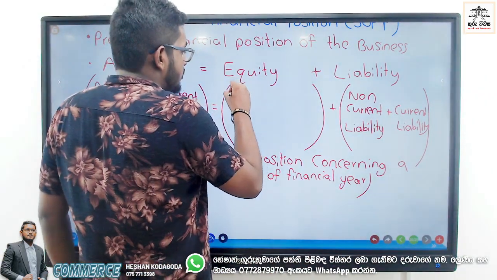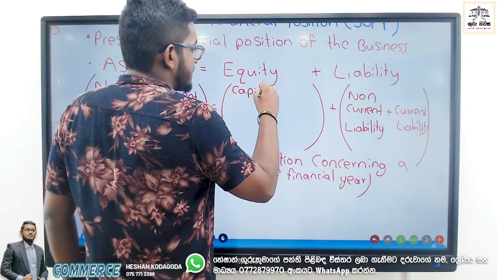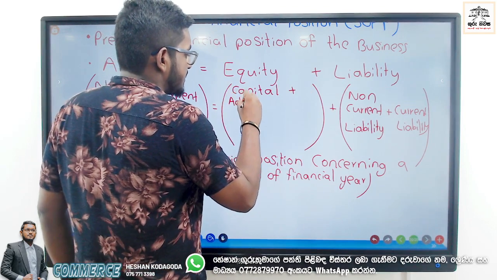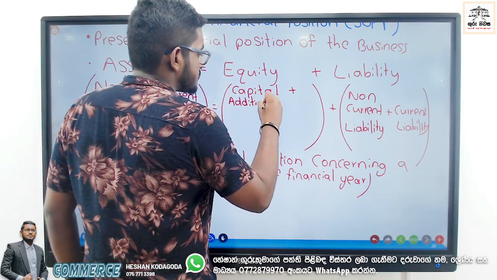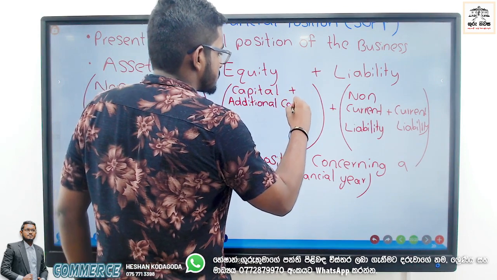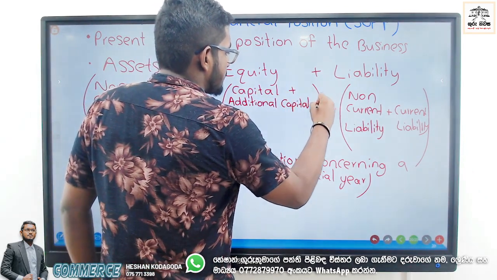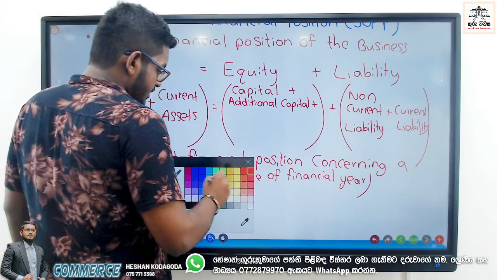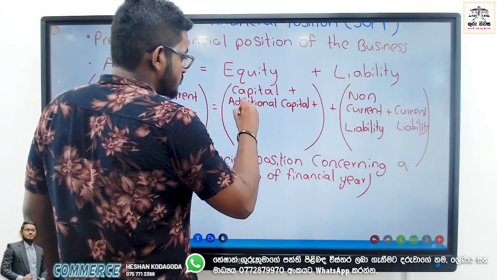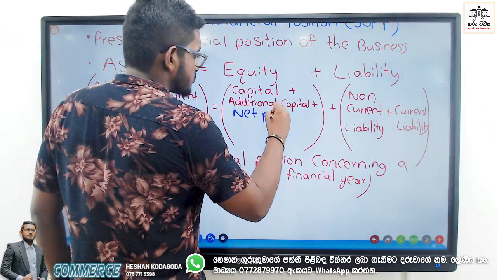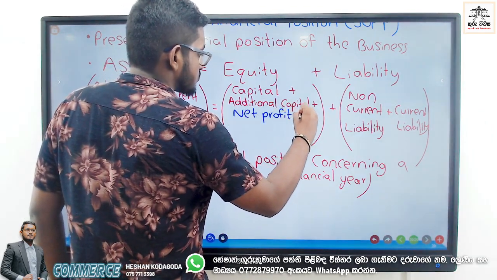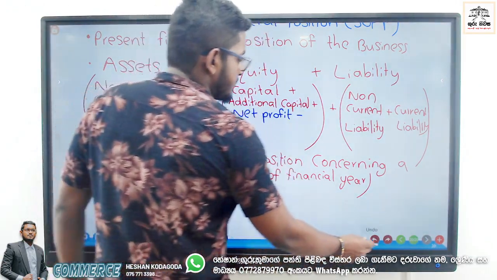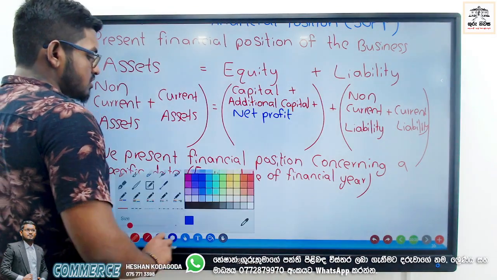First of all, we need to get the opening equity, which means capital plus additional capital plus net profit, which we calculated through the statement of profit or loss.